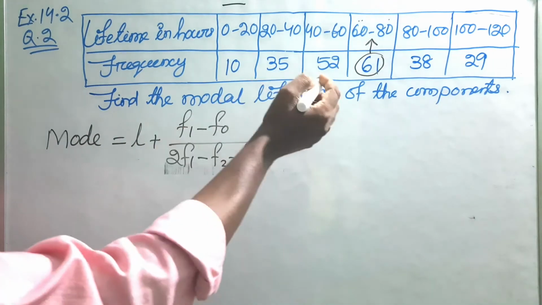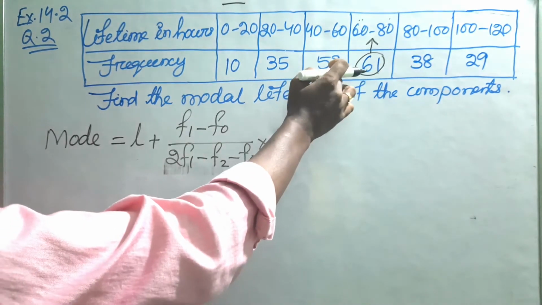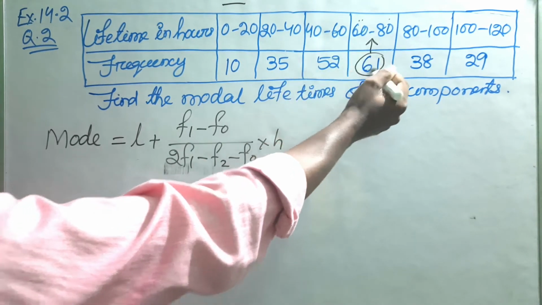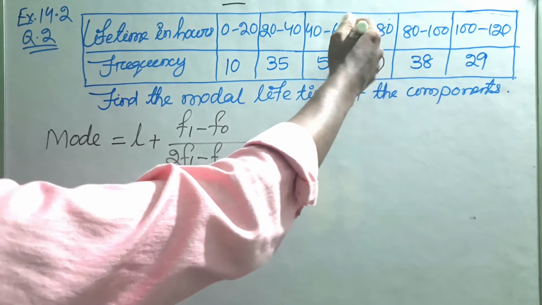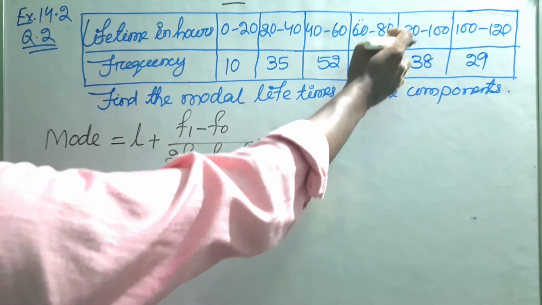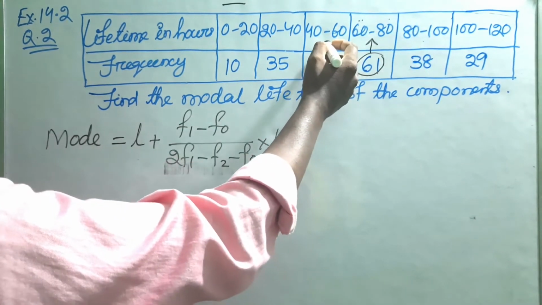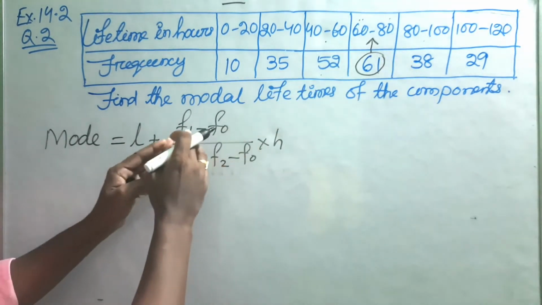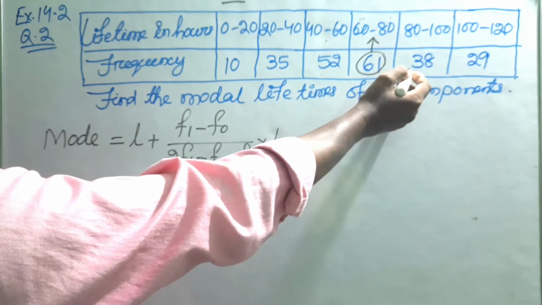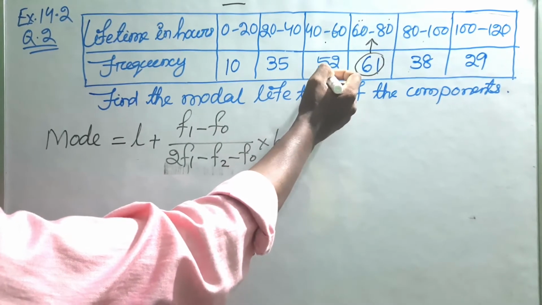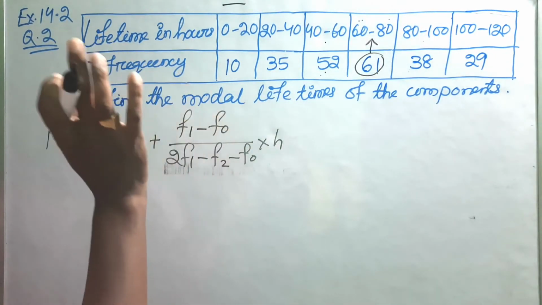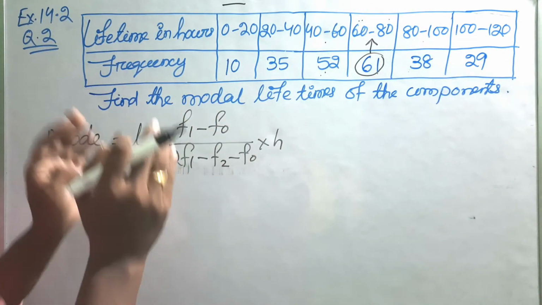Now the preceding frequency is 52 and the succeeding frequency is 38, that is the frequency of the succeeding class. The succeeding one is taken as F2 and the preceding as F0. Now H is the class size.